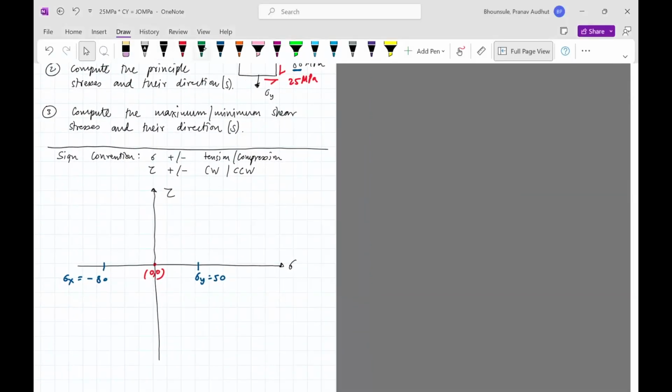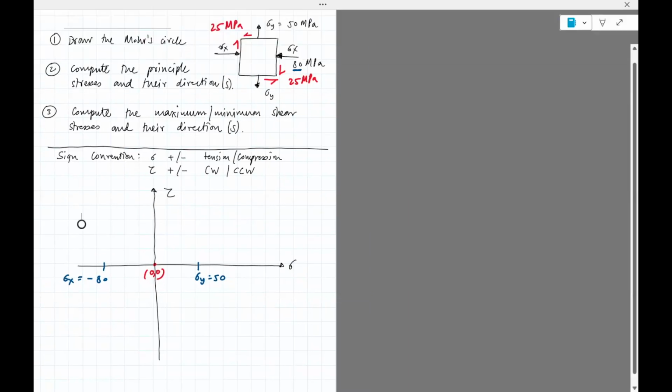Now let's go and plot the 2 points corresponding to this orientation. So we have 80 MPa and 25 MPa. The 25 MPa on this face is acting in the clockwise direction. Clockwise direction is positive. So I need to interpret this as minus 80, plus 25 MPa.